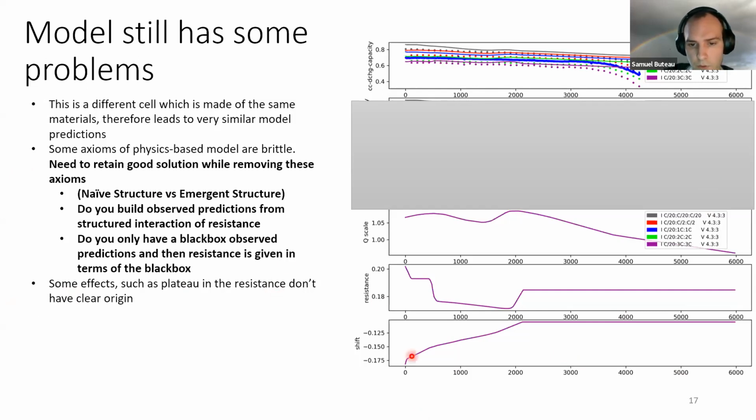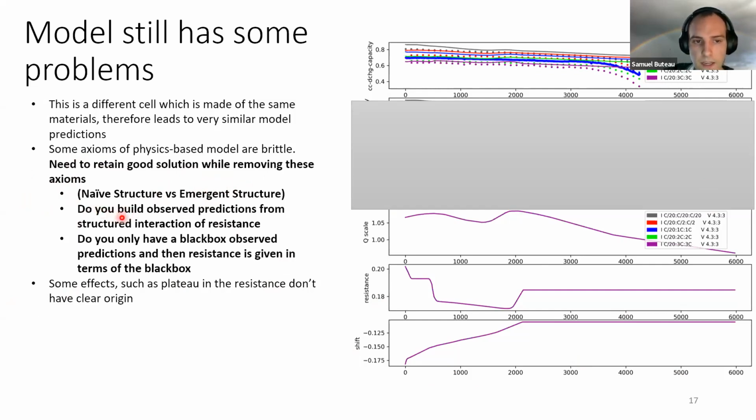So the current approach is basically, in order to retain good performance and remove the limitations of the axioms, we kind of flip things around.